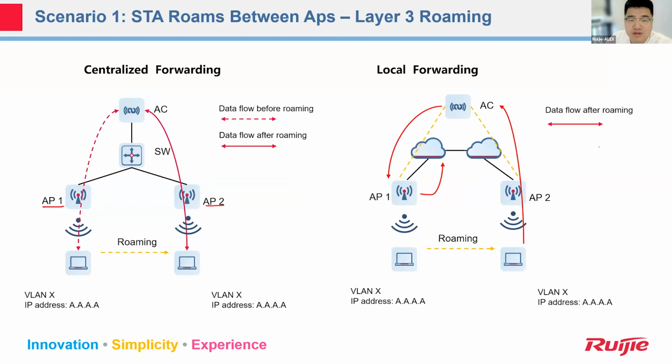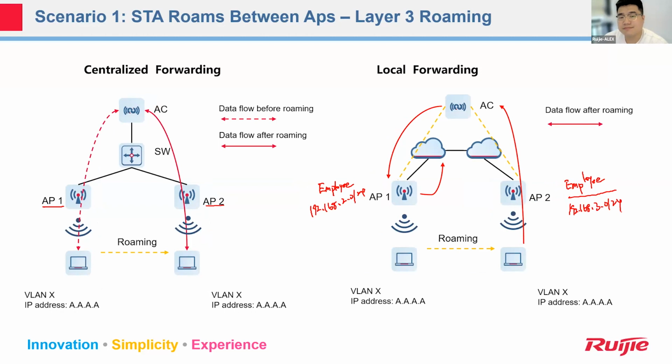But in layer 3 roaming, even if the SSID is the same, for example, employee, the subnet here is 192.168.2.0/24, while for the employee on AP2 it is another subnet, 192.168.3.0/24.